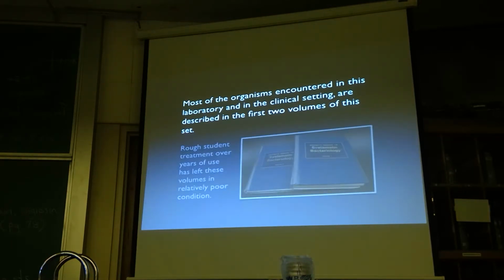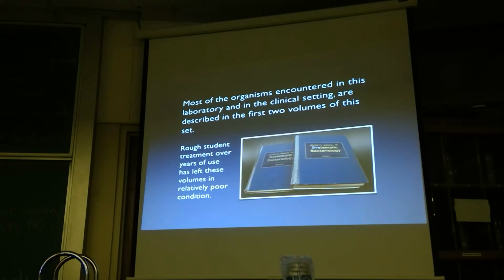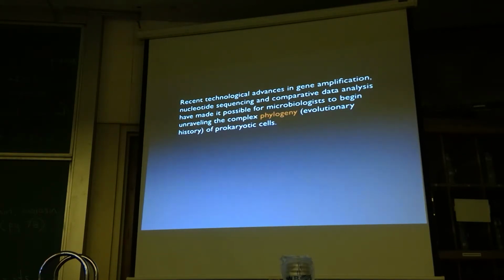In this laboratory, these two volumes of that set, volume 1 and 2, because they were the ordinary gram-negatives and ordinary gram-positives, these were used extensively by students, so you'll notice that the back of the book is held together by duct tape. And they're very useful, but unfortunately not terribly accurate anymore, simply because we've learned so much more about bacteria and there's many more groups.